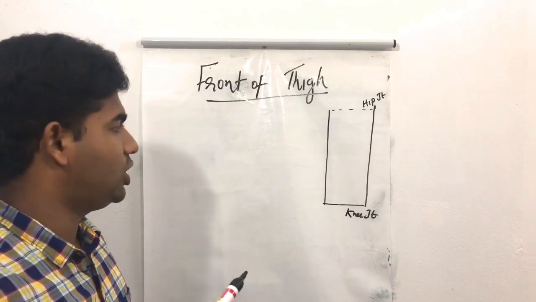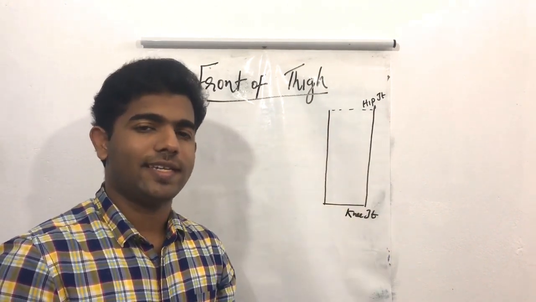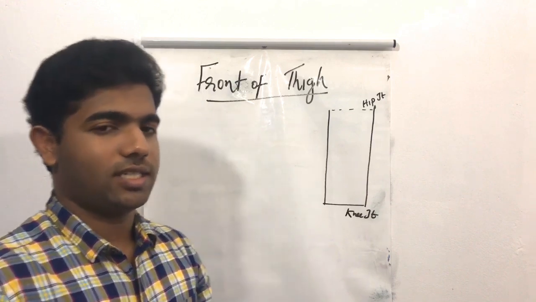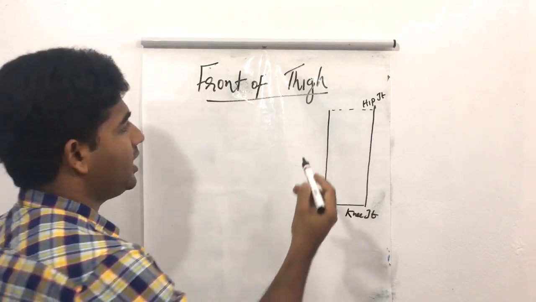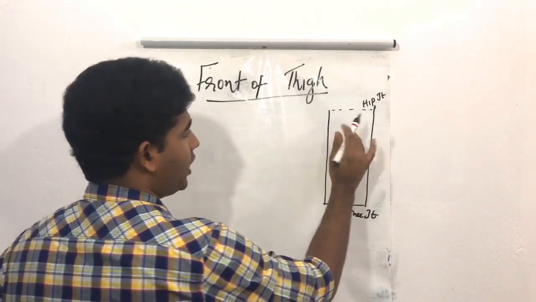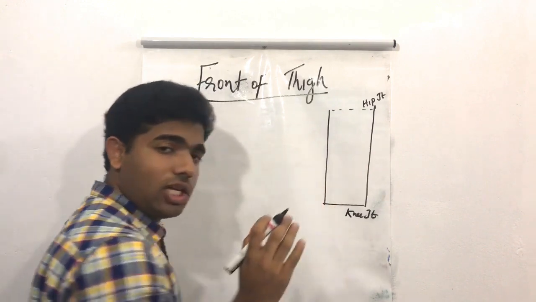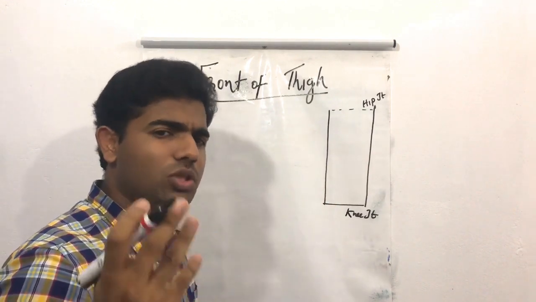This anterior part is the one that we are going to discuss. So understand, thigh includes hip to the knee joint, and front of the thigh is what we are going to discuss.